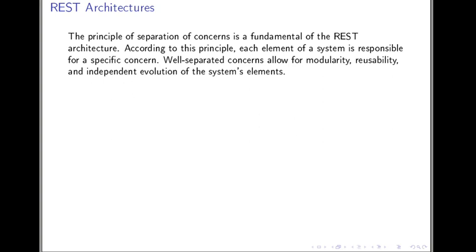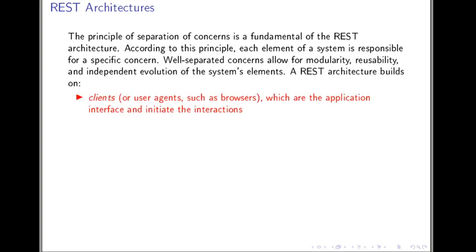Well-separated concerns allow for modularity, reusability, and independent evolution of the system's elements. The main components of the system are the client, that is your user agent such as a browser with your application interface, which initiates interaction, and the origin server, which hosts resources and serves client requests.